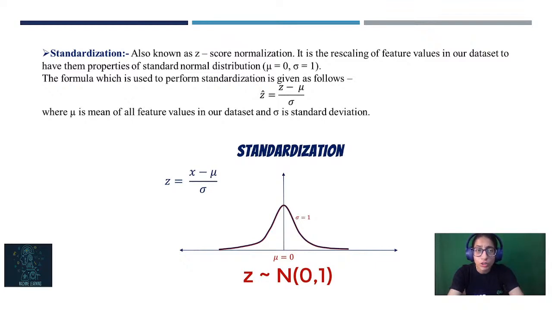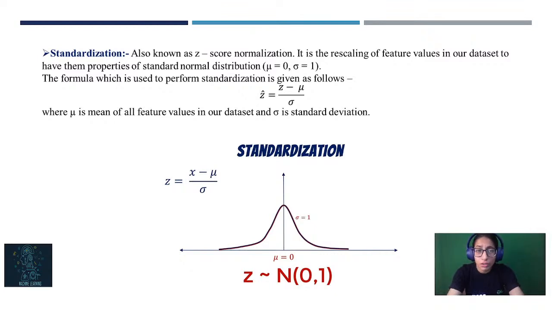In the data set we have the properties of standard normalization, that is mu should be 0, sigma should be 1. Data standardization is also a rescaling of the attributes so that their mean is 0 and their variance is 1.